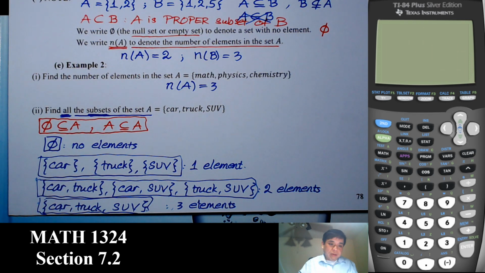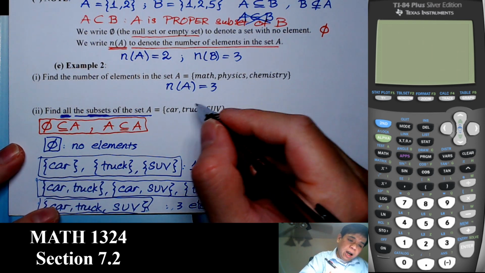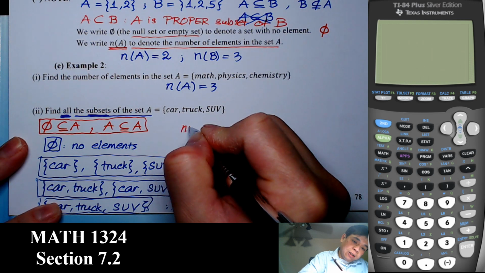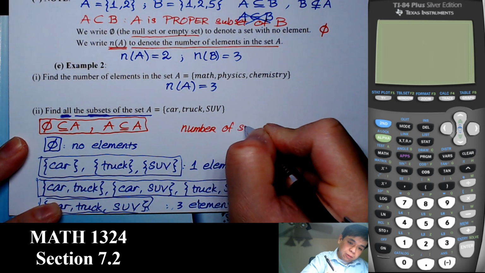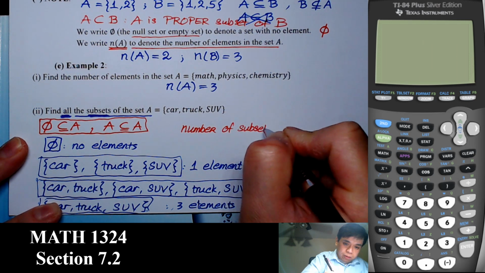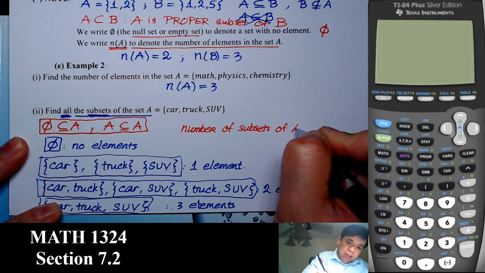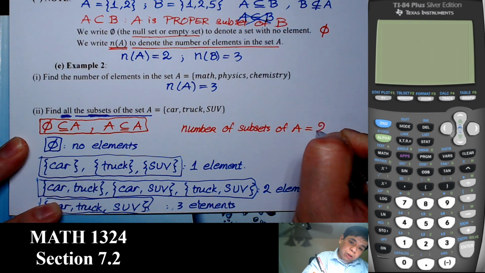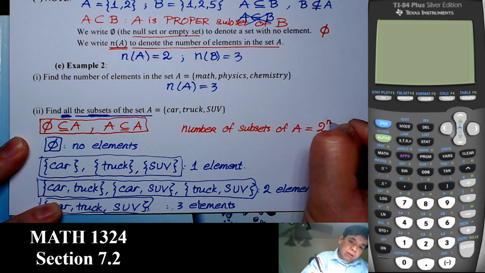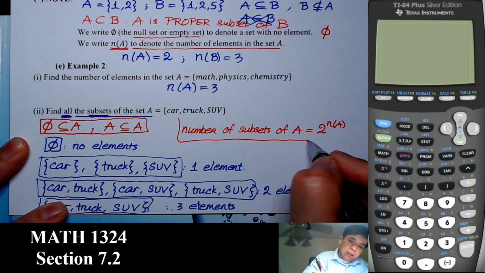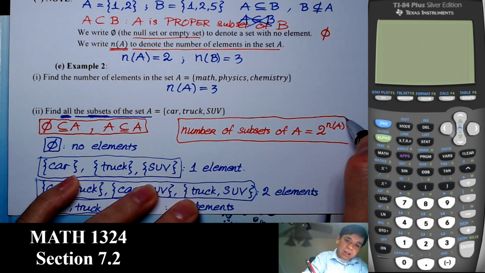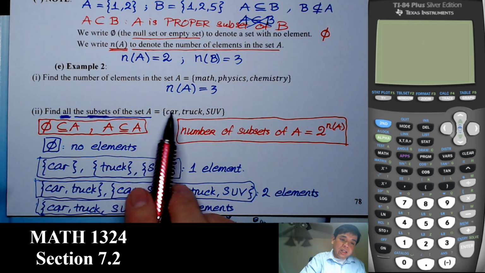So we have a theorem that the number of subsets of a set is equal to 2 raised to the power of the number of elements in A. This set A has 3 elements.